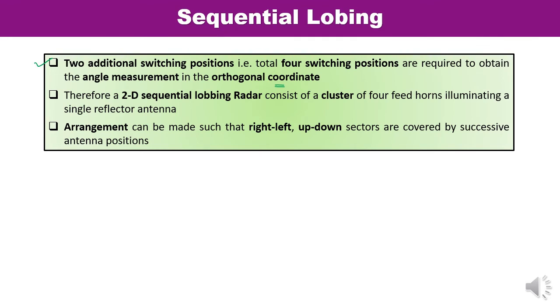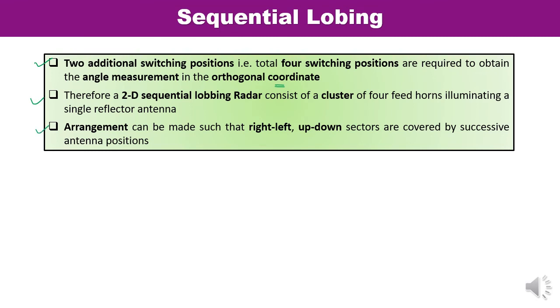A two-dimensional sequential lobing radar might consist of a cluster of 4 feed horns illuminating a single reflector antenna, and the overall arrangement must be made in such a manner that the movements right, left, up, and down can be covered by successive antenna positions.